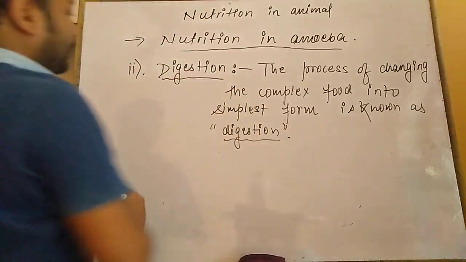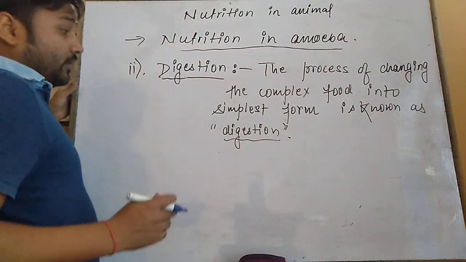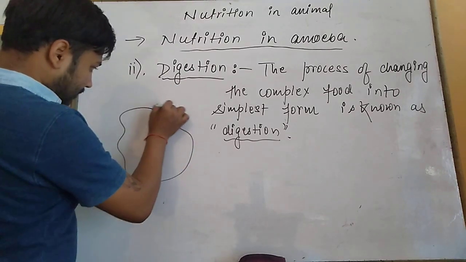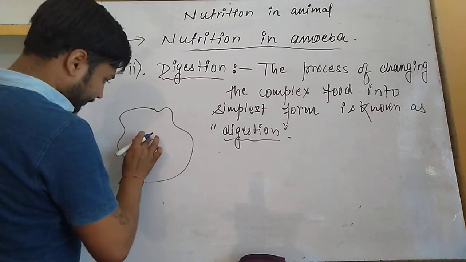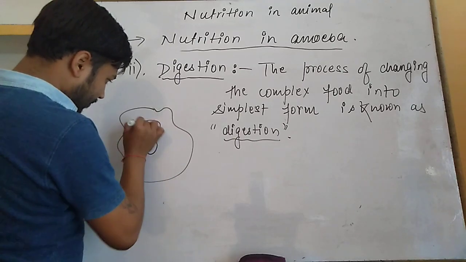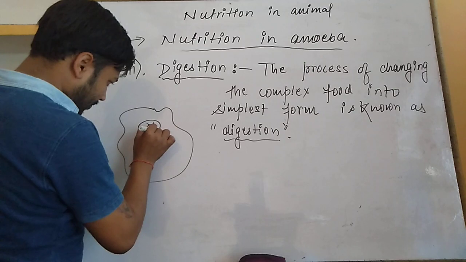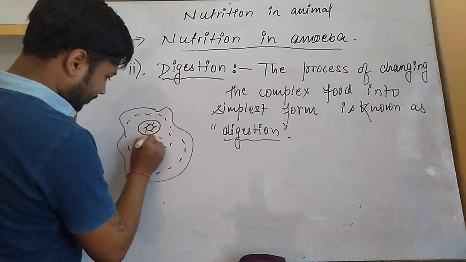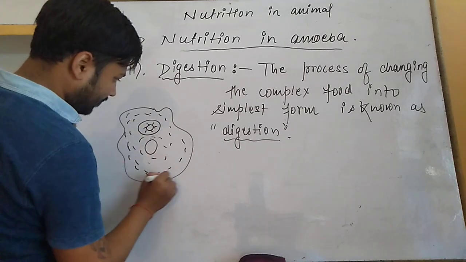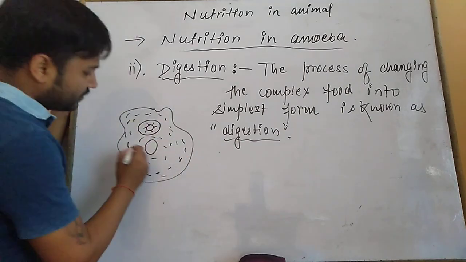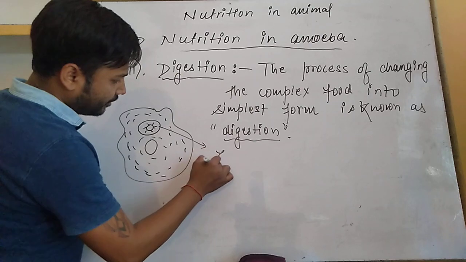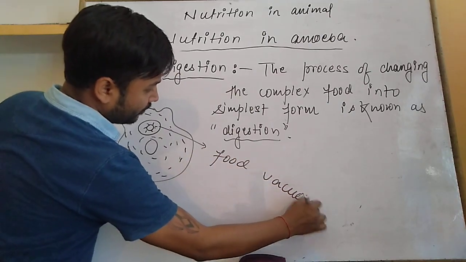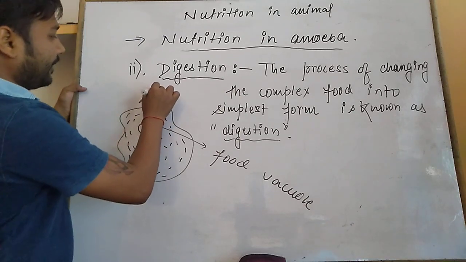So digestion in next step, whatever the process takes place that I am drawing here. This is known as food vacuole. Food vacuole. This is prey.